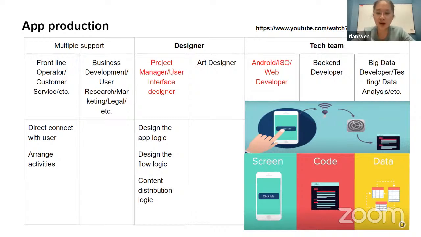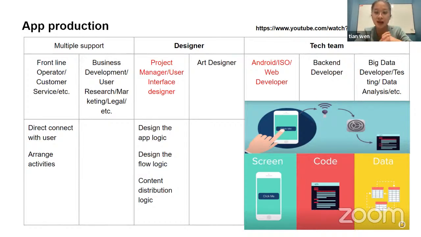I have marked two roles that are fundamentally important in designing an app. The first one is the project manager, or user interface designer, or app designer, whatever you call it. They are basically the designer of the app. They have to design what the app is for, how it's going to work, what the structure is, and how the app is going to jump from one page to another.